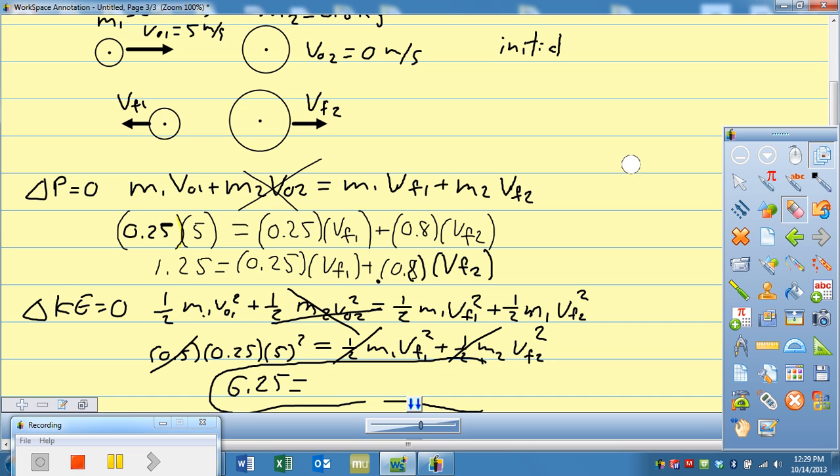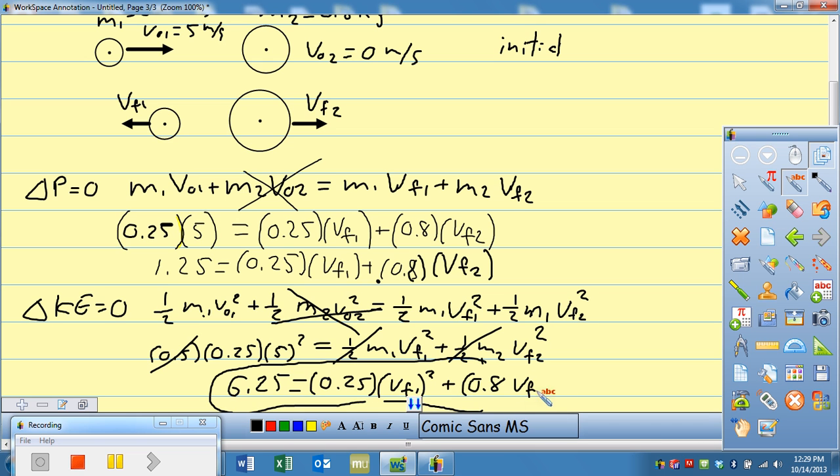Okay, let's redo this. Because M1 is 0.25, 0.25 V final 1 squared plus M2 is 0.8 V final 2 squared.